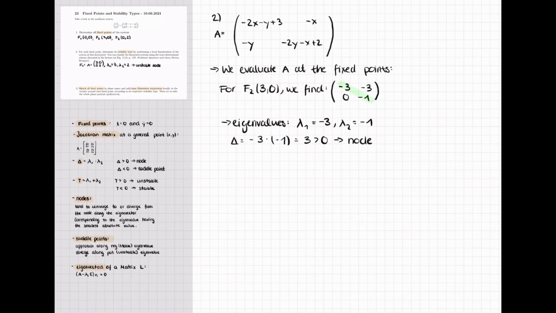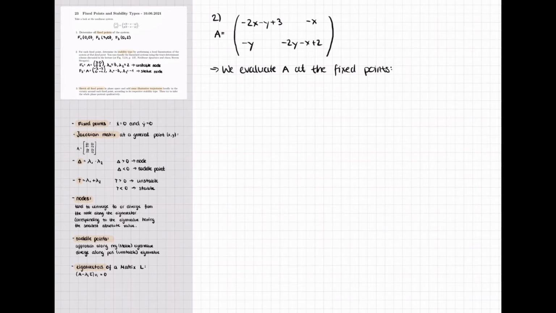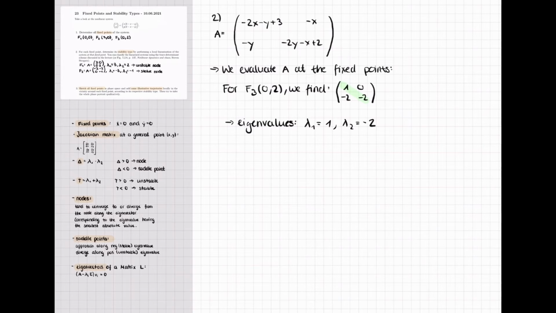To determine the stability type, we calculate the trace, which is negative, so we have a stable node this time. Let's do this one last time. For F3, we find the matrix (1, 0; -2, -2). The matrix is again triangular, so we read off the eigenvalues. Since the eigenvalues have different signs, the determinant is negative, which means that F3 is a saddle point.